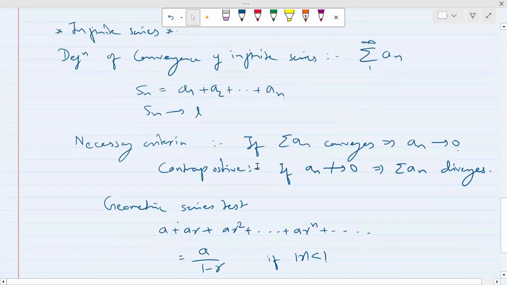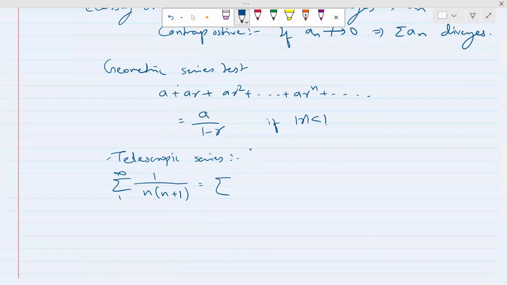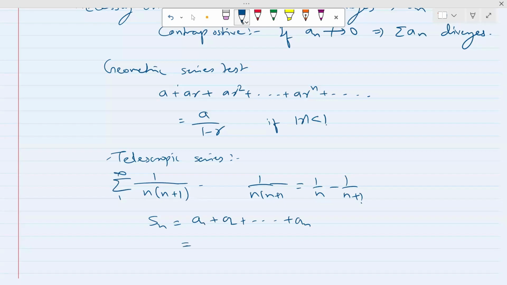Same thing: 1 upon n into n plus 1 can be written as 1 upon n minus 1 upon n plus 1. Then you need to compute the sequence of partial sums, that's a1 plus a2 and so on up to an, so you'll have this an for all n.